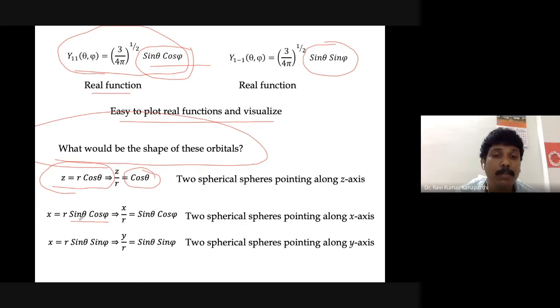So when you plot it, it will point along the x-axis because it has the x component. Similarly, this is y. Y is given by r sine theta sine phi, which implies that y by r is equal to sine theta sine phi. So when you plot it, it will point along the y-axis.